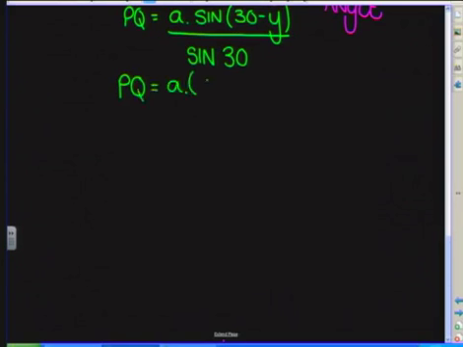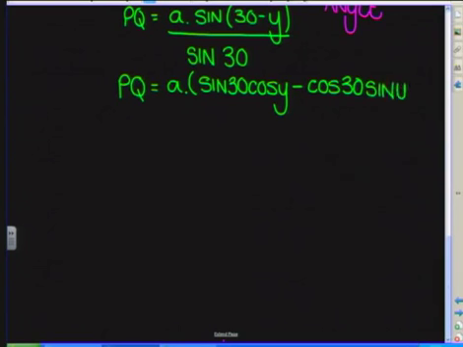Then I'm going to expand this. The sine compound angle does the following. We're going to say sine 30 cos y, and S for sine, S for stays the same, and then it's going to be cos 30 sine y. Okay, so grade 12, you recognize your compound angle formula there. And what we've got for now is over sine of 30.